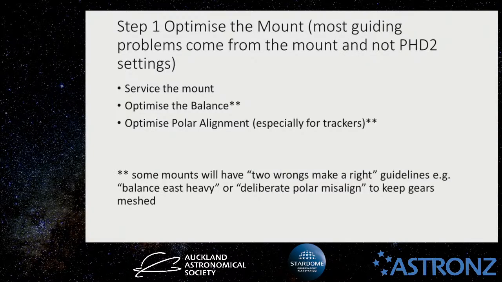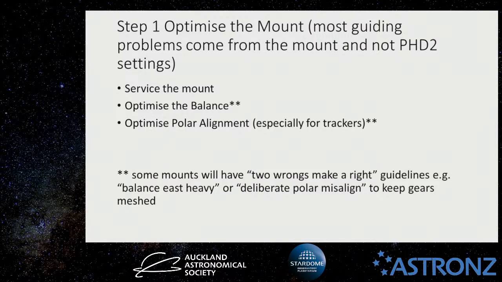Now, some manufacturers say to balance the mount so that it's east heavy, and that keeps the gears meshed. And if that's the case for your mount, then it's probably best for you to do that. Just make the mount slightly, ever so slightly east heavy.